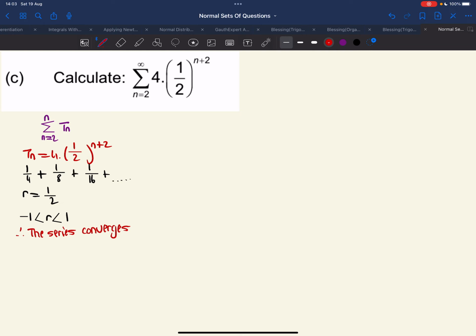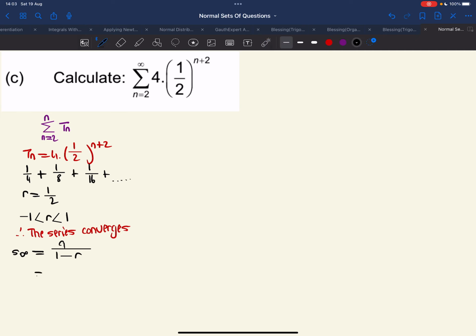So that allows us to use the sum to infinity, and the formula for the sum to infinity is given as a over 1 minus r. We know that our r is a half, and we know that from our given sequence our a is going to be 1 over 4.